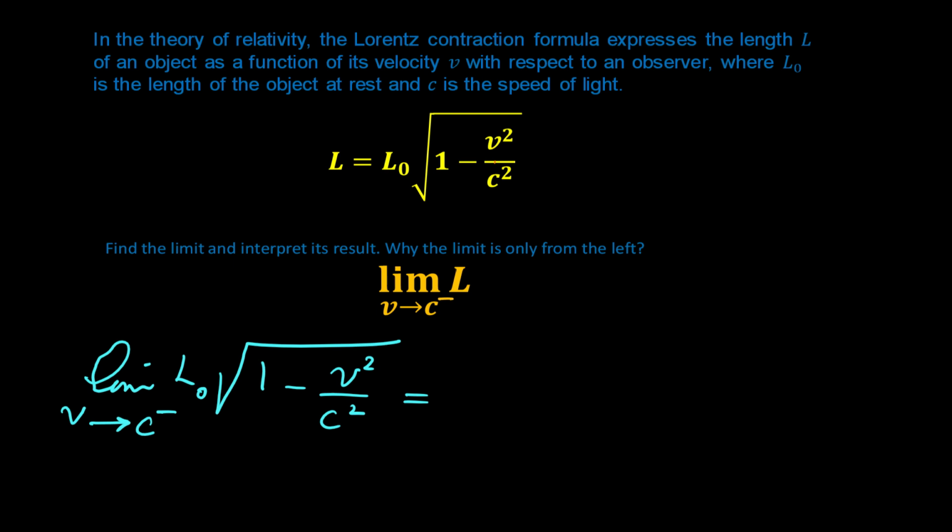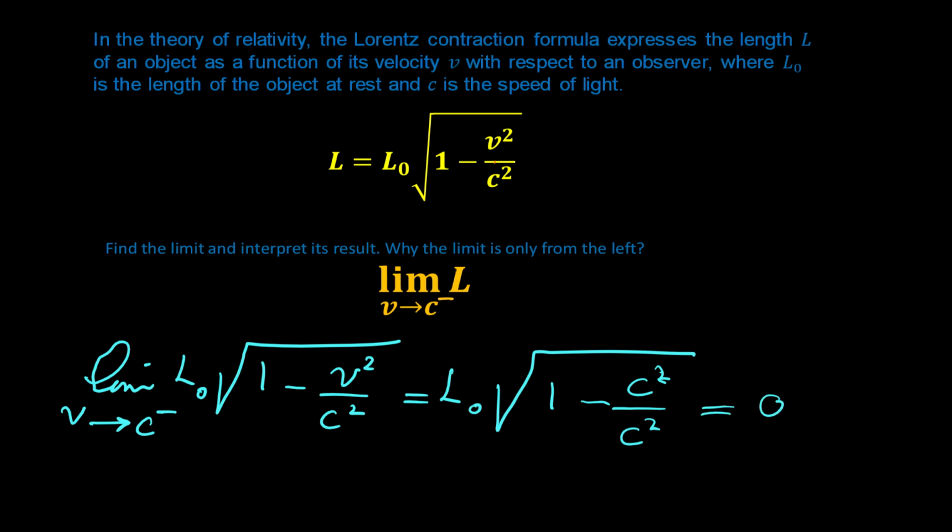If we plug in c for v, then we have L0, the length of the object at rest, times the radical of 1 minus c squared over c squared. c squared over c squared is 1. 1 minus 1 is 0, so the radical is 0. 0 times L0 is 0.